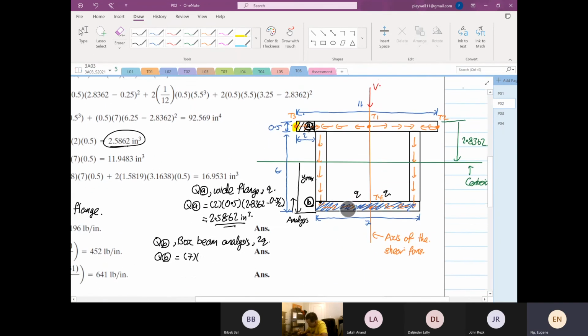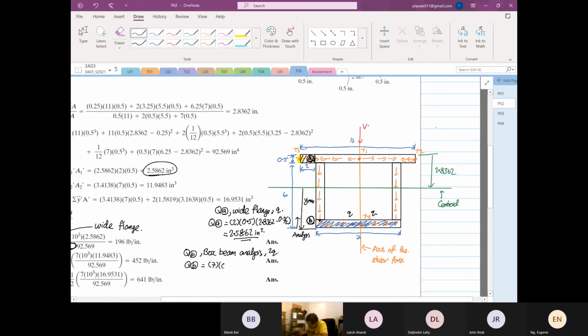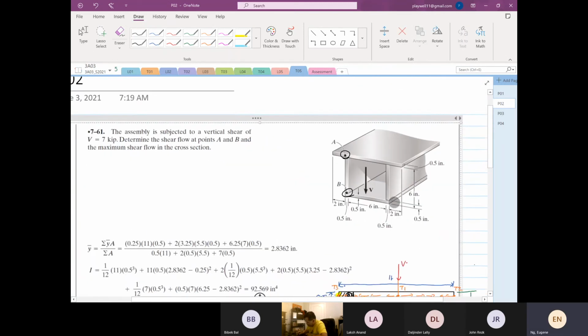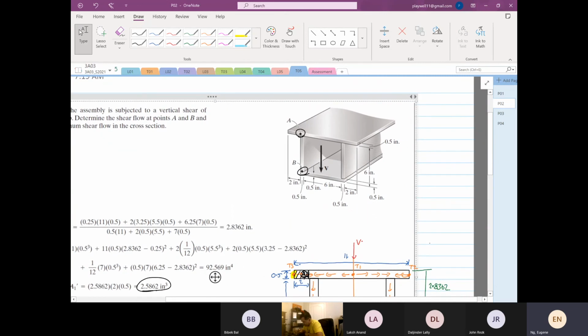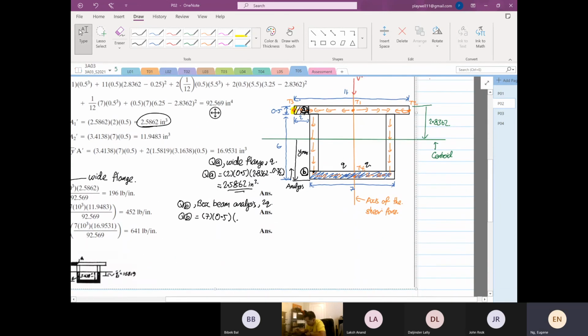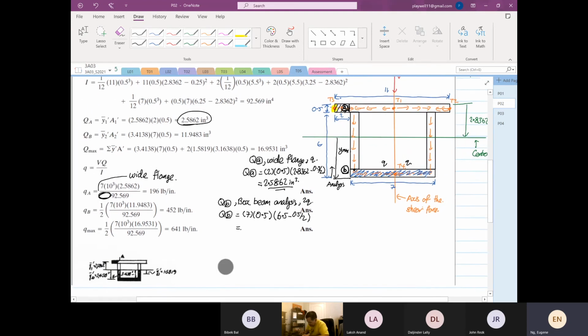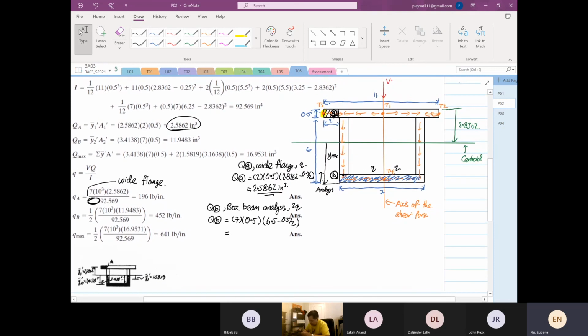Is 0.5. Right. Then we have the whole thing is 6.5 minus 0.5 divided by 2. Okay. So this is equal to 6.5 minus 0.5 divided by 2, times 0.5, times 7, is 21.87. Wait, I got it.